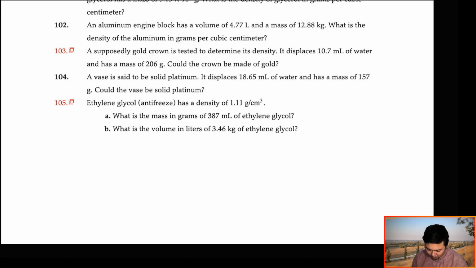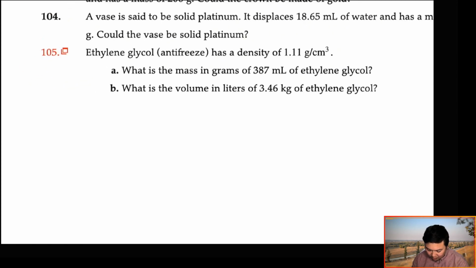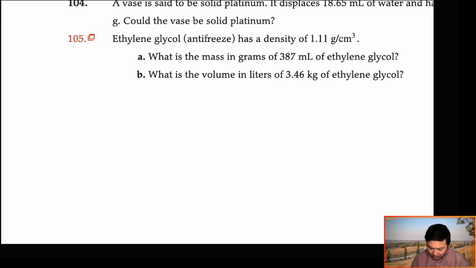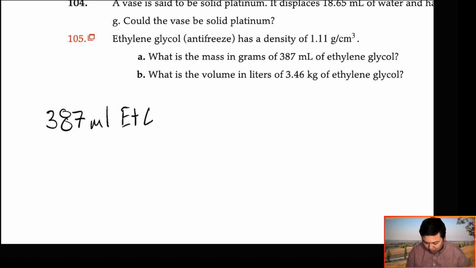So, again, let's use the solution diagram method here, right? So we'll start with the stuff that we're given. We have 387 mL, I'm going to abbreviate this. And then we're also given 1.11 grams per cubic centimeter.